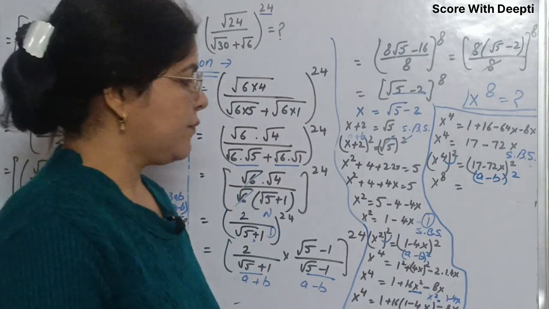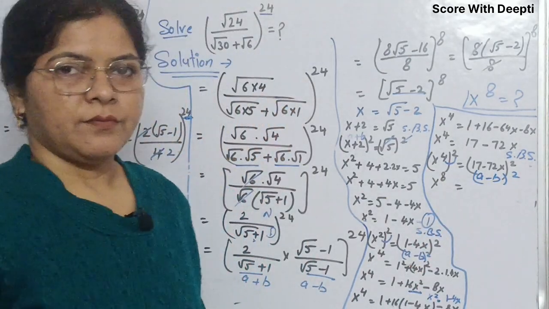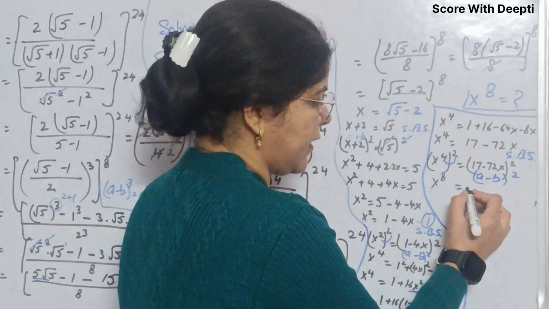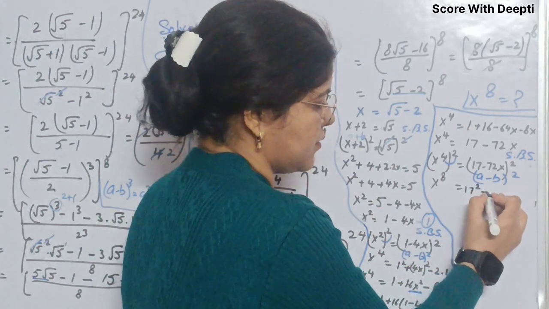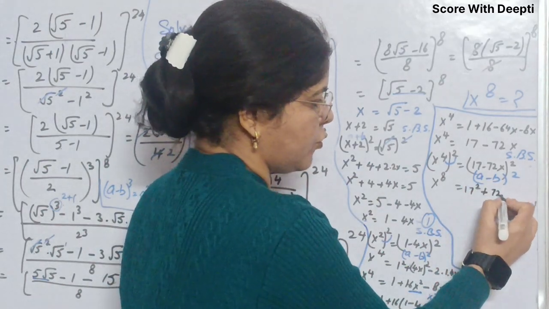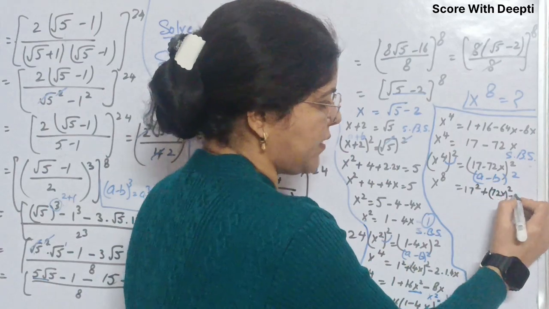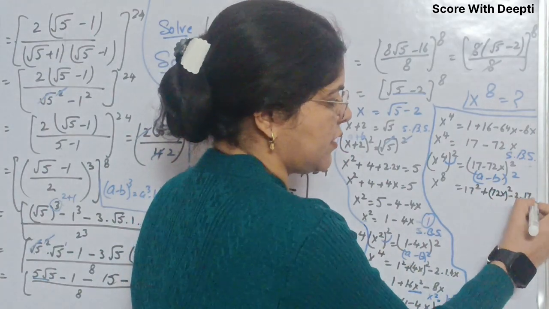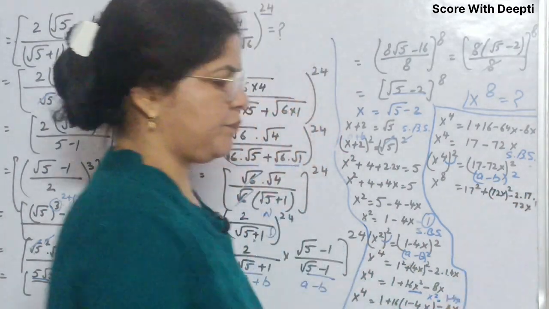And after applying this formula, we get 17 square plus (72x) whole square minus 2 into 17 into 72x.